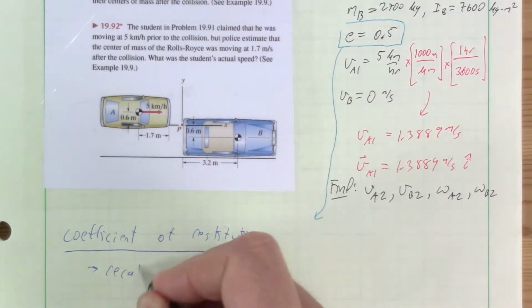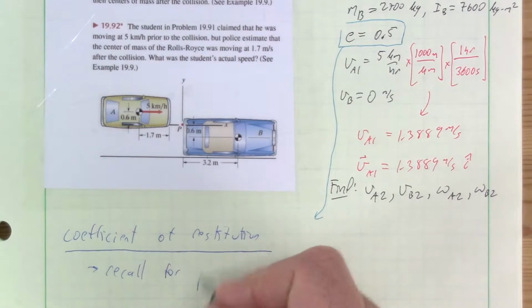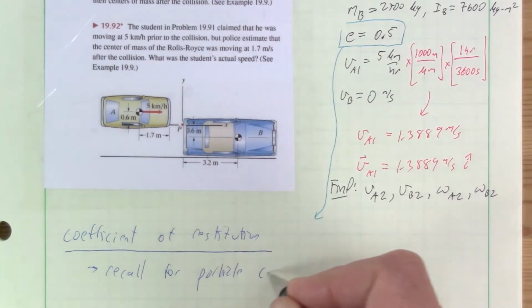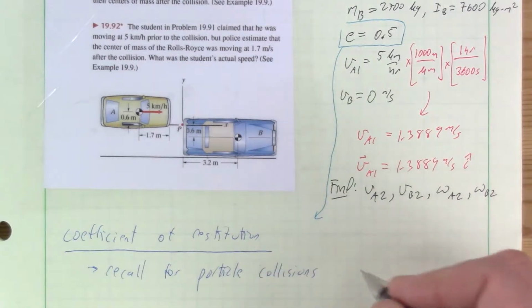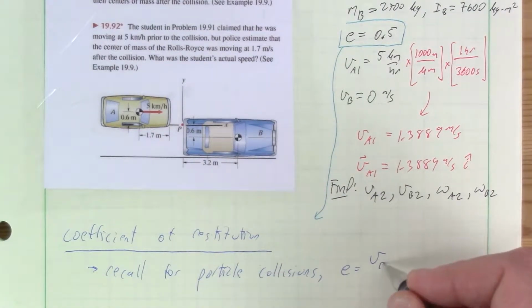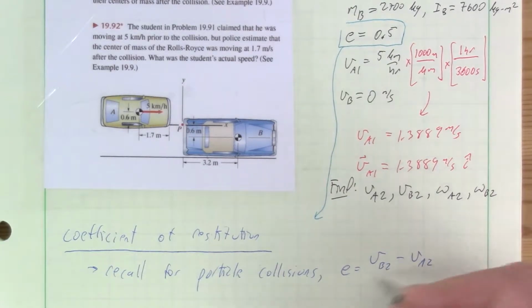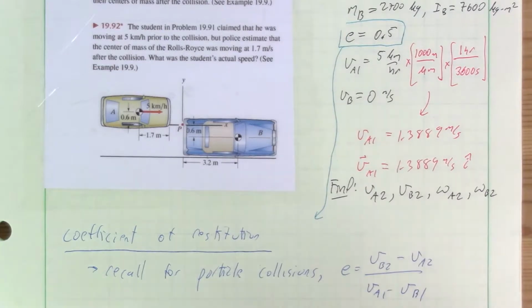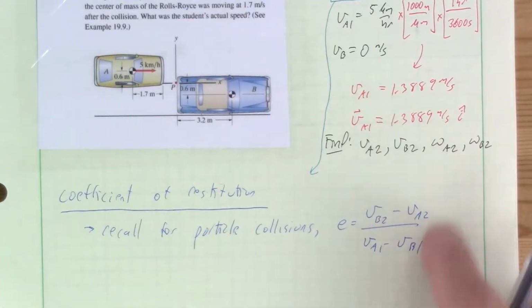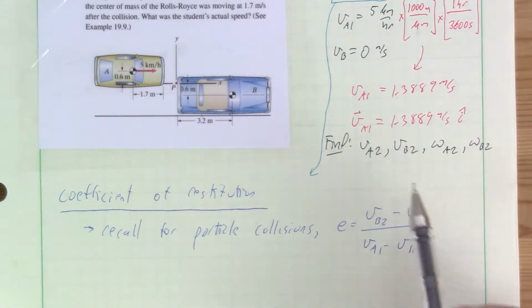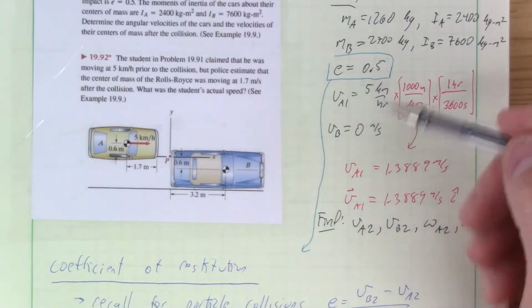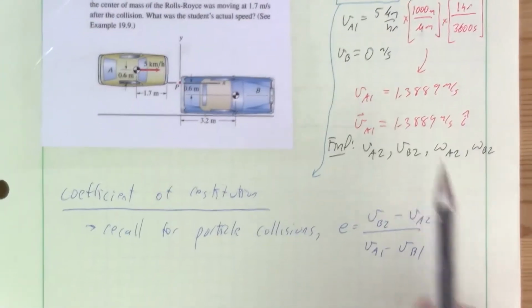So recall before, when we had particle collisions, we had e defined to be velocity of B2 minus velocity of A2, over velocity of A1 minus velocity of B1. And this could work here, right? Basically, that's going to give us one relationship between the initial velocities that we know and the final velocities that we're trying to find.